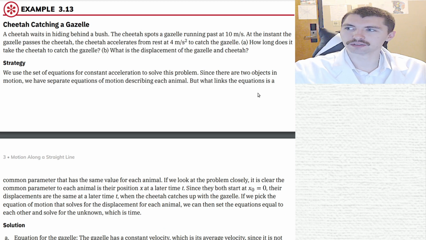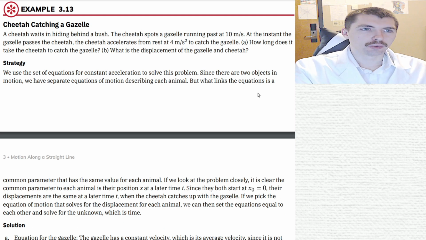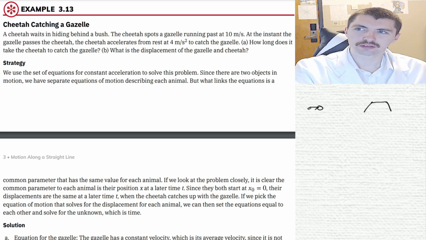Okay, so a cheetah waits hiding in the bush. So we have a cheetah. This is a gazelle running past at 10 meters per second.